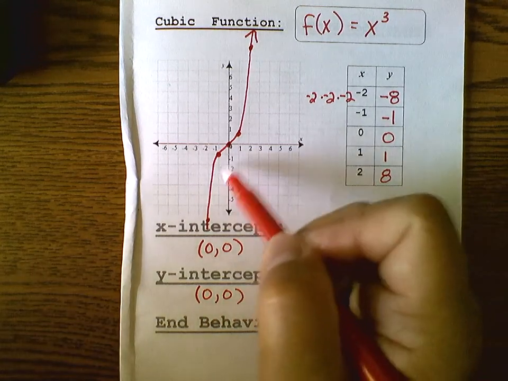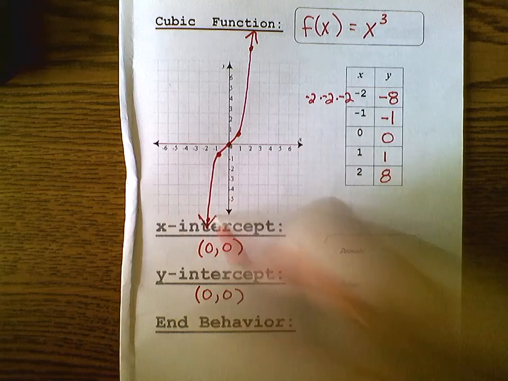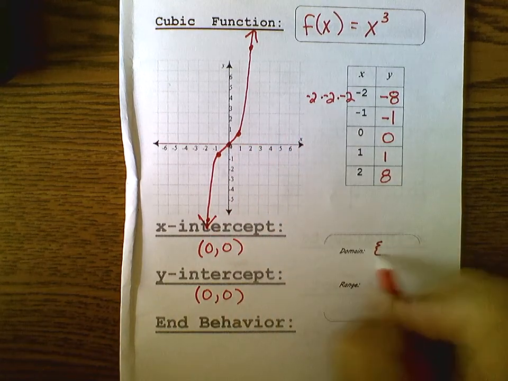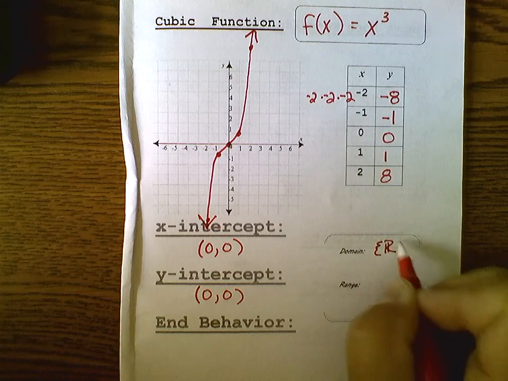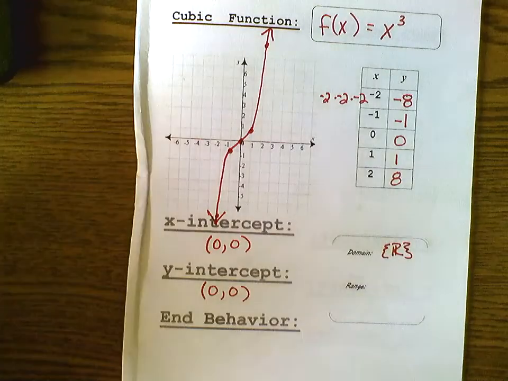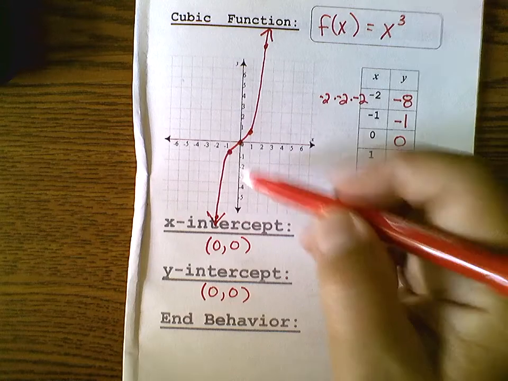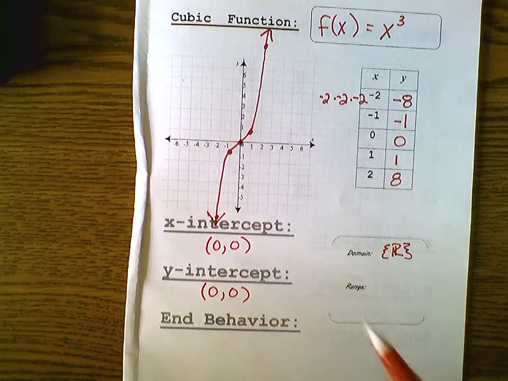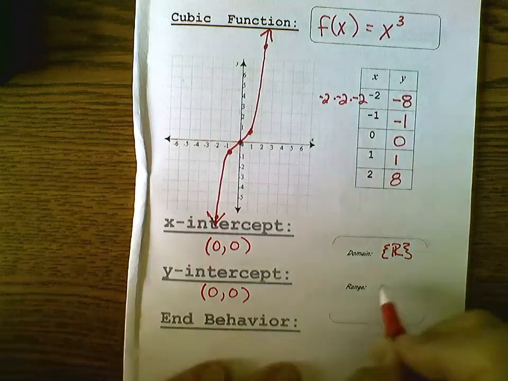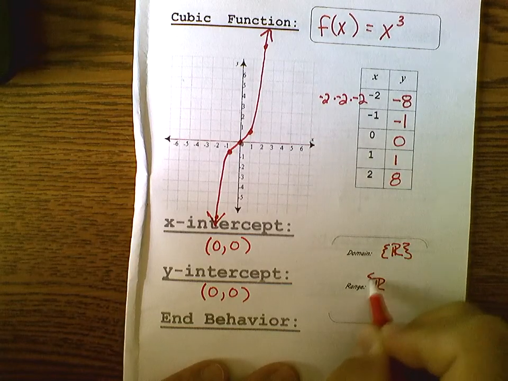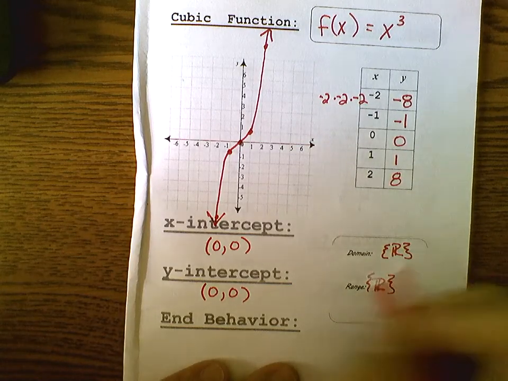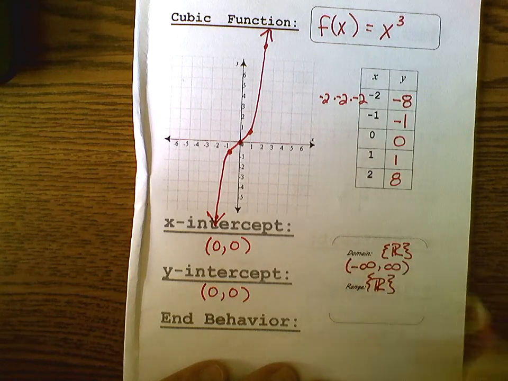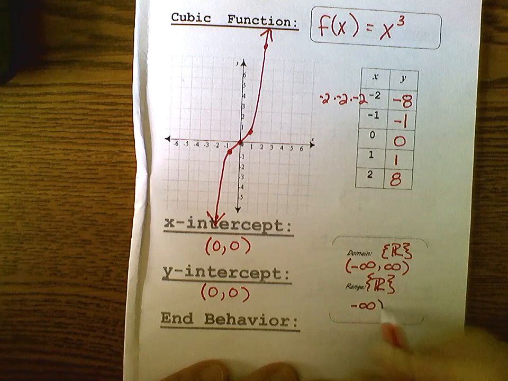What's our domain? Well, it keeps on going to the left forever, keeps on going to the right forever, because remember, domain is the x values, so we're only looking left to right. Range is the y values, which is up and down. So how far down? Forever. How far up? Forever. So both of these are going to be all real numbers, or negative infinity to positive infinity.